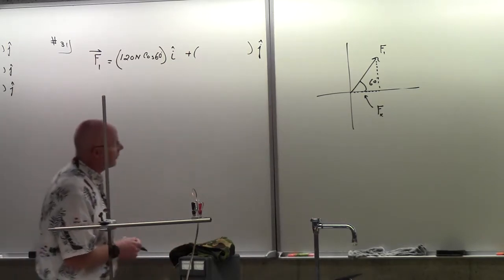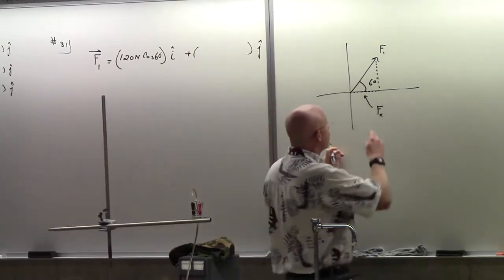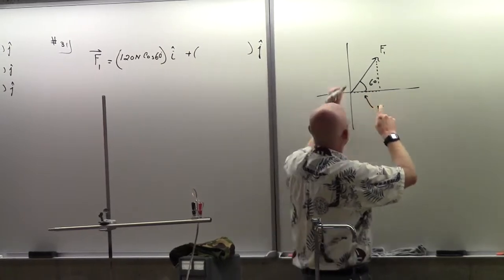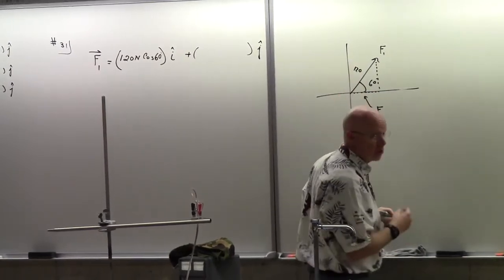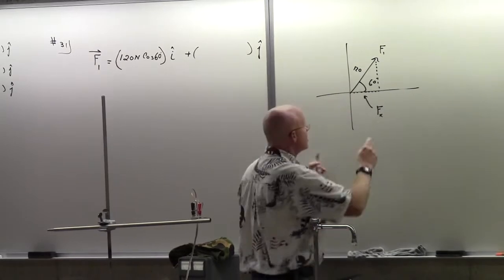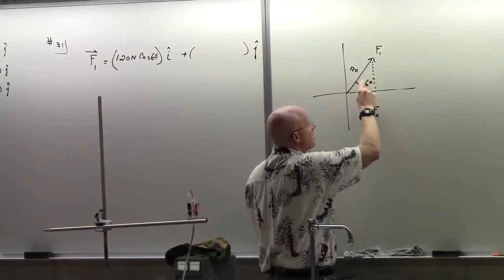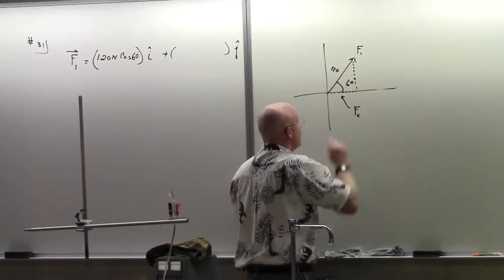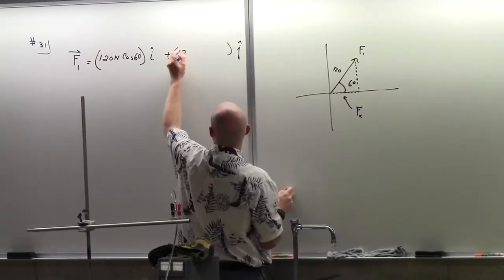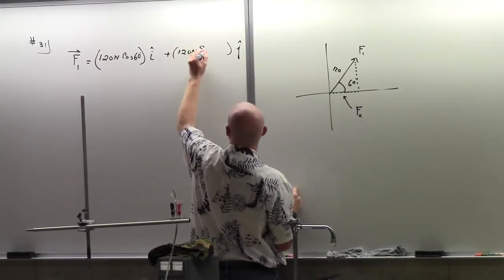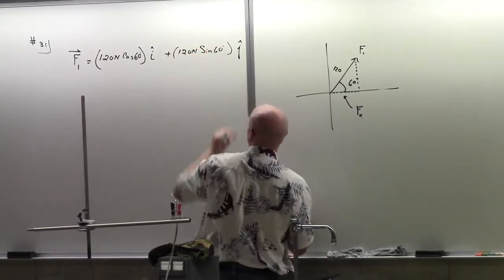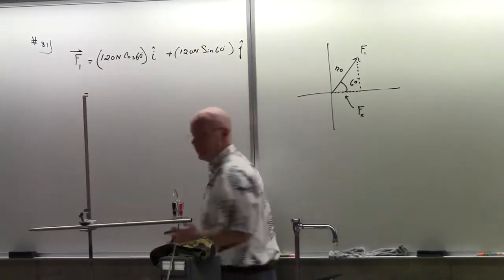As I look at this little triangle that formed, the hypotenuse is 120. The vertical piece is opposite of this angle of 60 degrees, so I will put 120 and sine of 60 degrees.